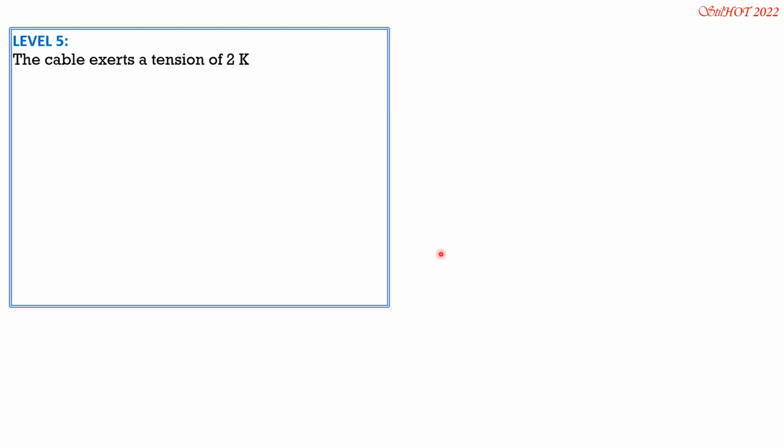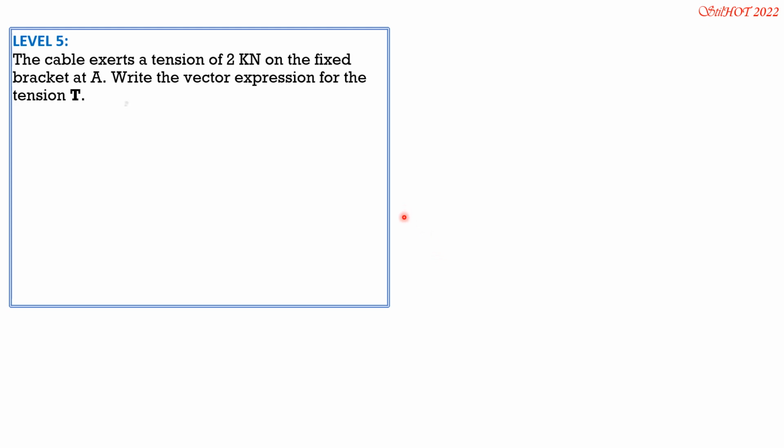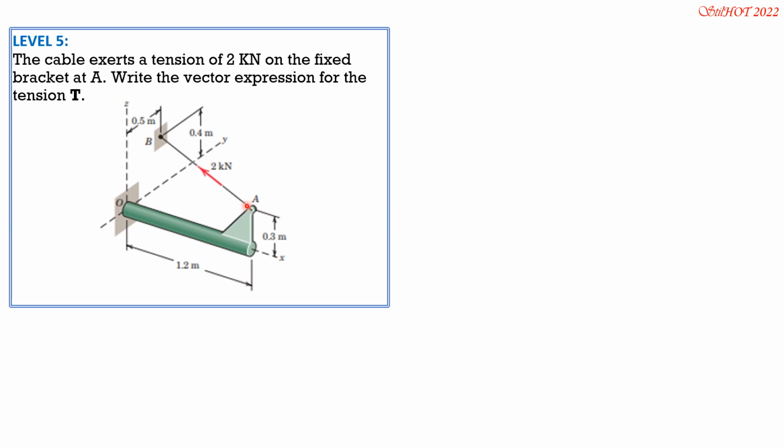Level 5 problem. The cable exerts a tension of 2 kilonewtons on the fixed bracket at A. Write the vector expression for the tension T. So here is the figure. So tension T in vector form, because that's a vector, is magnitude times the quantity (xb minus xa)i, (yb minus ya)j, (zb minus za)k, all over the square root of the squared differences, distance AB.